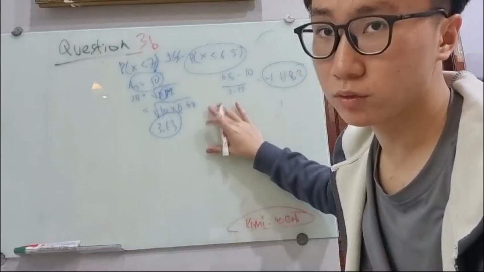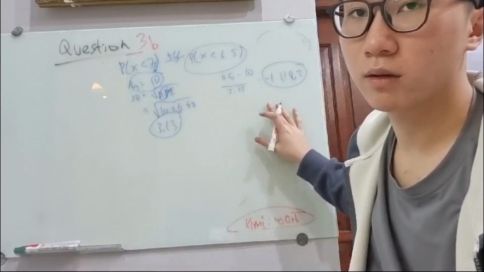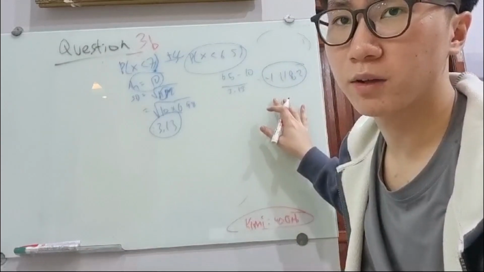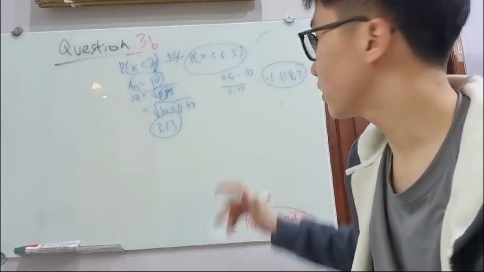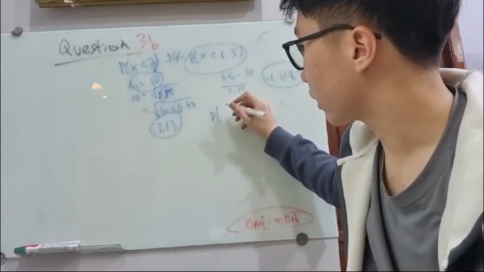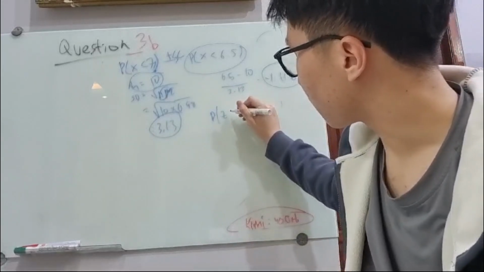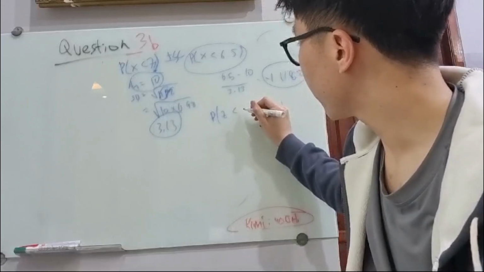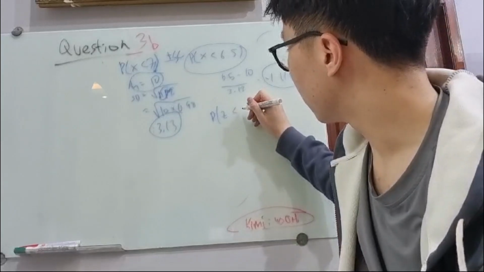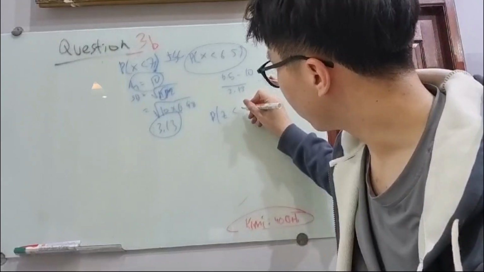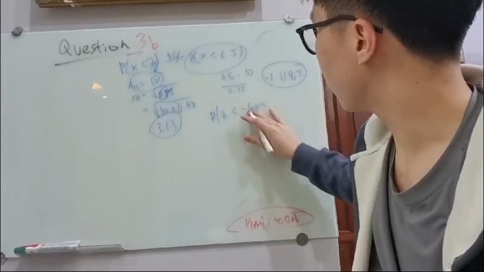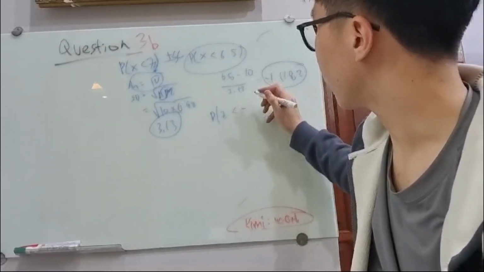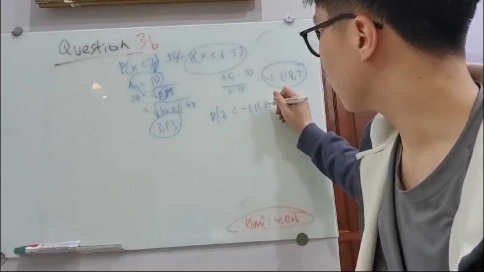So we can do it two ways from here. We can either do 1 minus the probability of the modulus of this z value, or we can use the instant way using our calculator, which is the probability of z less than negative of the z value we have.